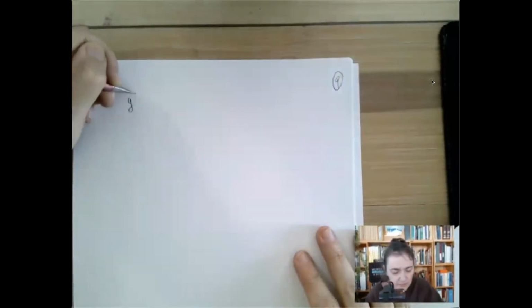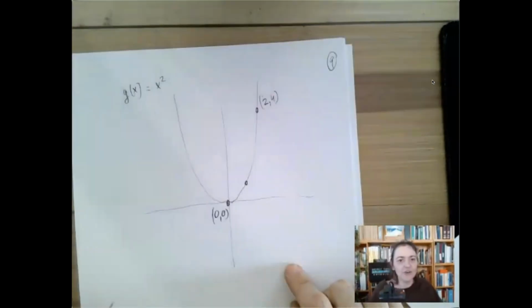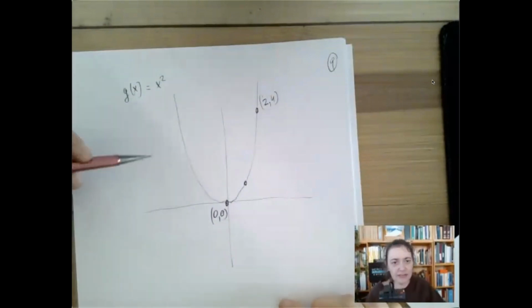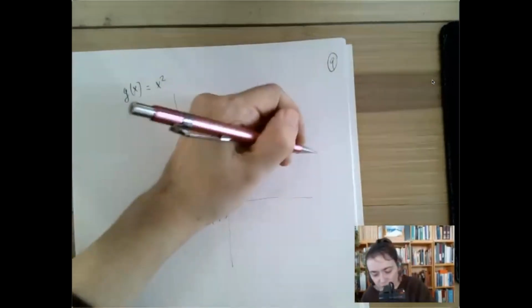So g of x was x squared. And let's say the domain is all real numbers. So if 2, 4 is on the graph of a function, that means that to the number 2, we assign the number 4. Reversing that assignment is the same as swapping the coordinates. X becomes y and y becomes x, right? So that will become 4, 2.